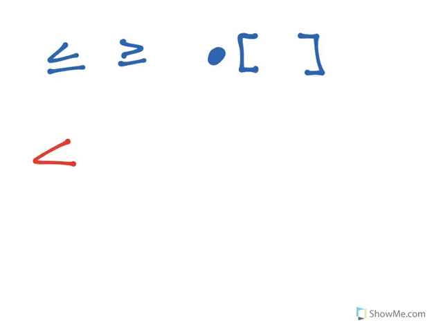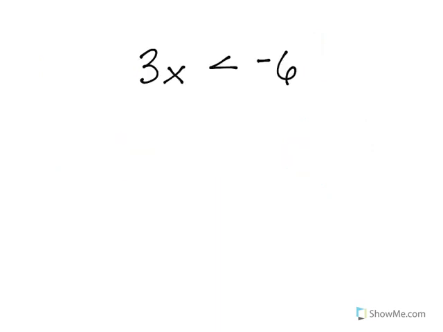If it's just less than or greater than, then you will have an open circle and parentheses. So the curved versus the bracket. I personally think open and closed circles are easier to see, but that's up to you.